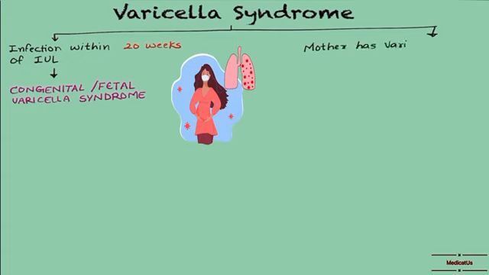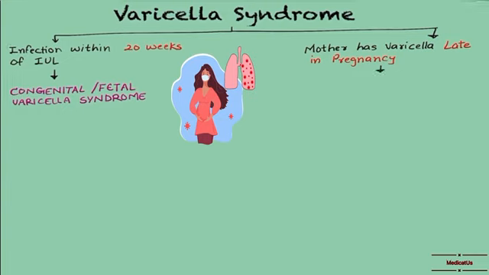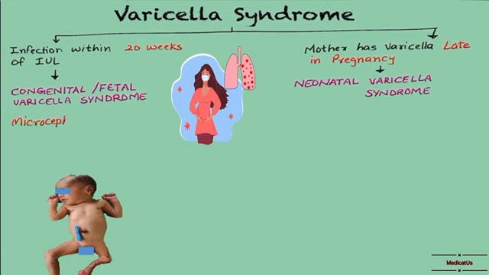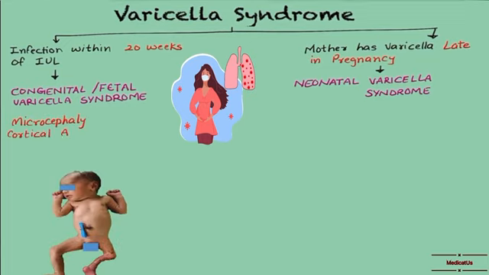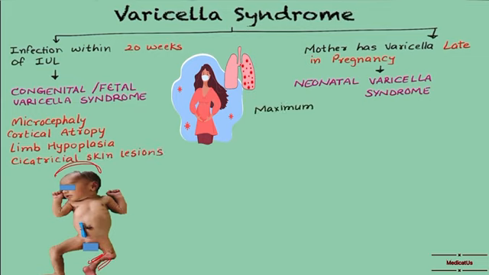And if the mother has varicella late in her pregnancy, then the child will suffer with neonatal varicella syndrome. As you can see here, the child has everything small: the microcephaly, cortical atrophy, limb hypoplasia, and cicatricial skin lesions.